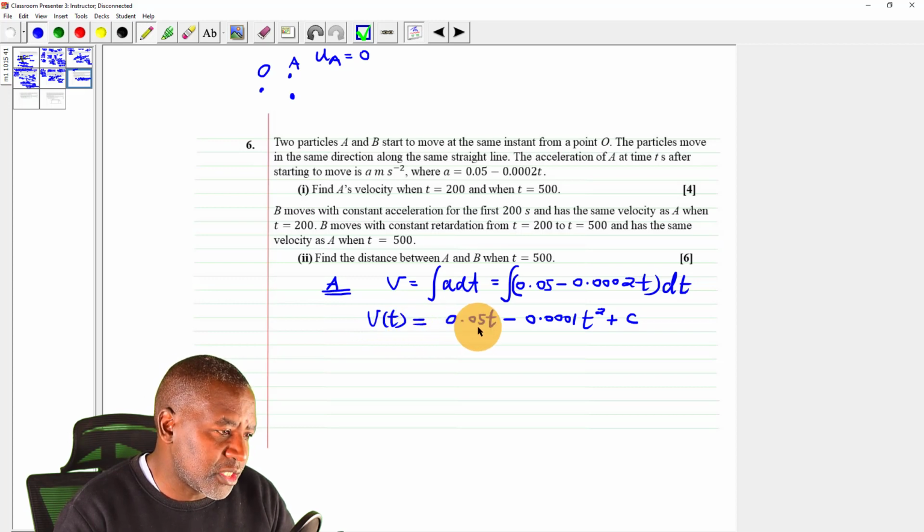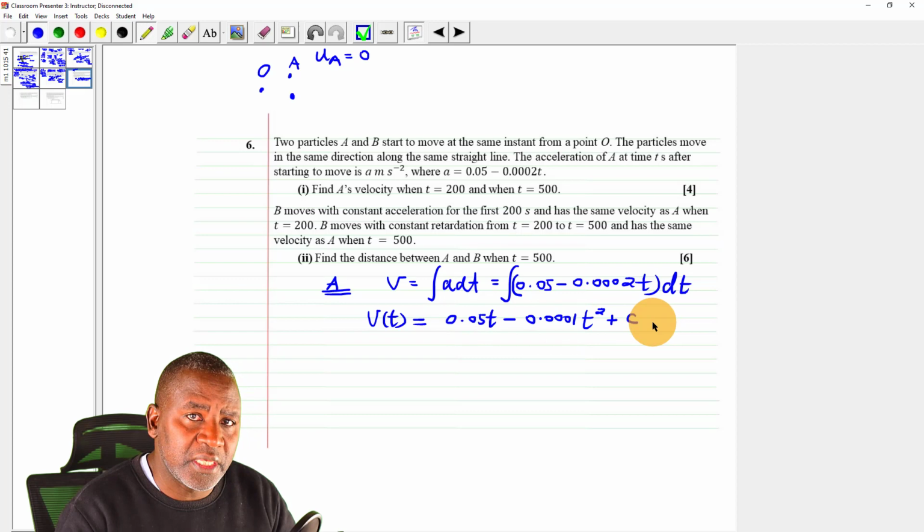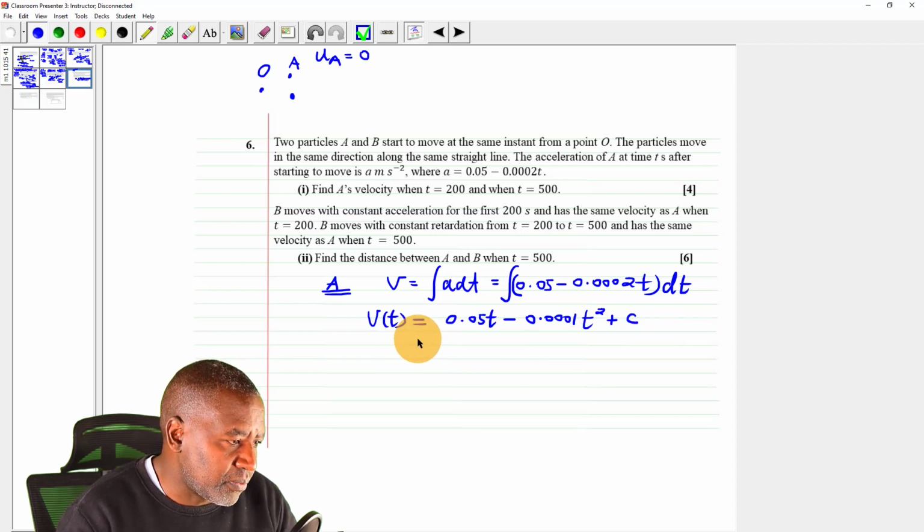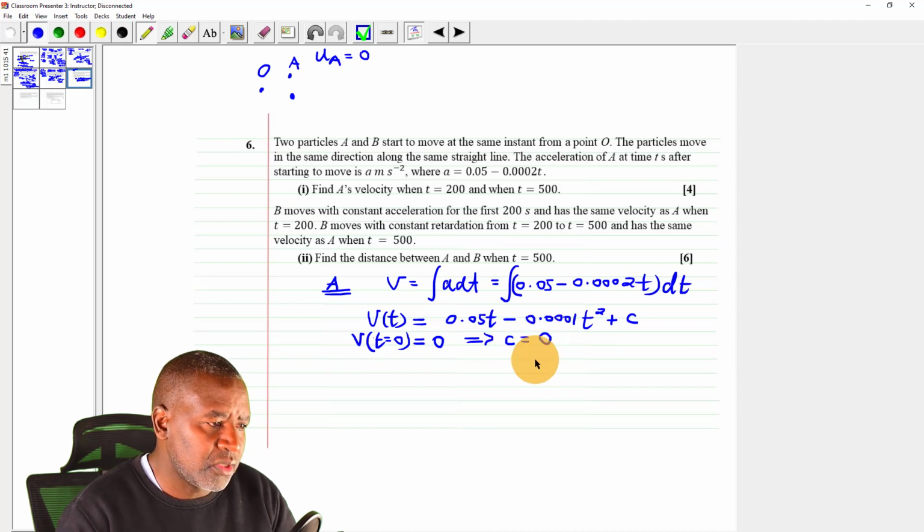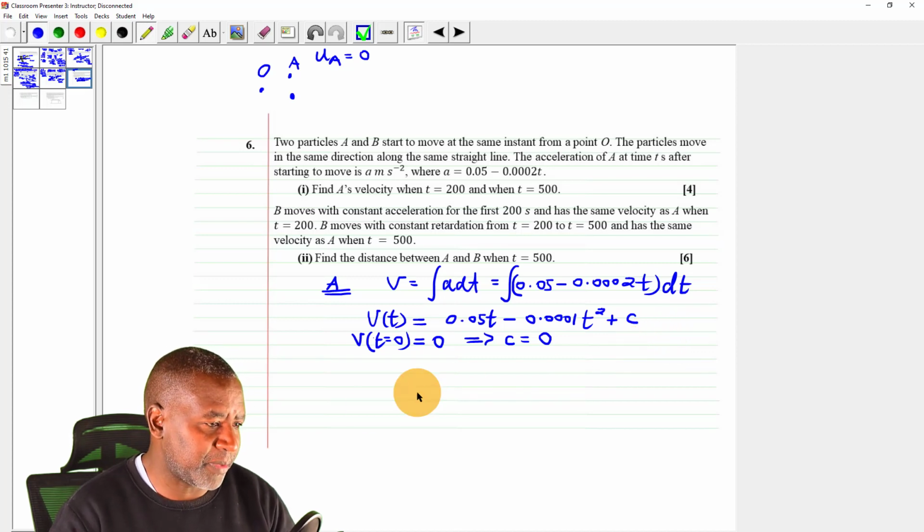So if I substitute 0 in these expressions, I'll get that the value of c is 0. So v when t is 0 is 0. That implies that the value of c is 0. So we won't write it in that expression.